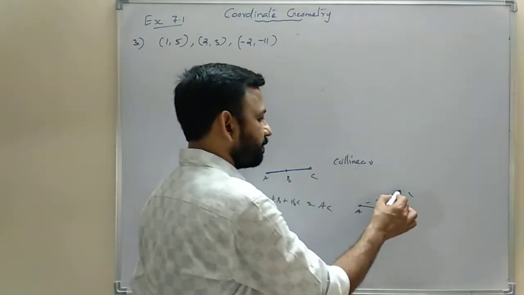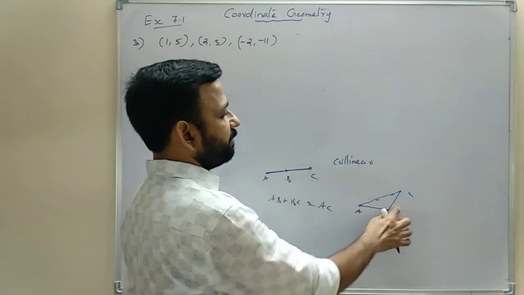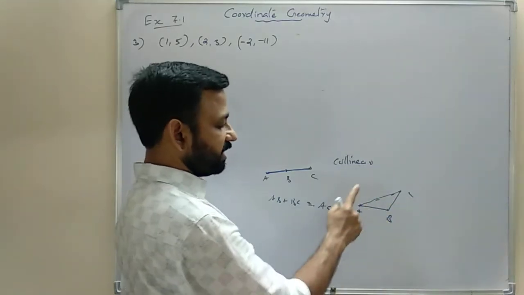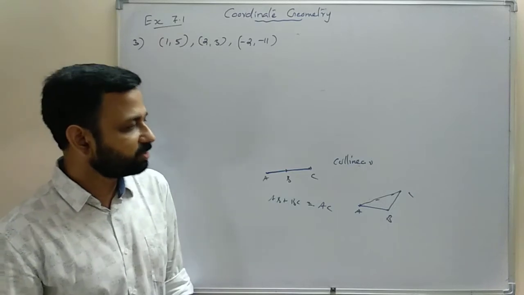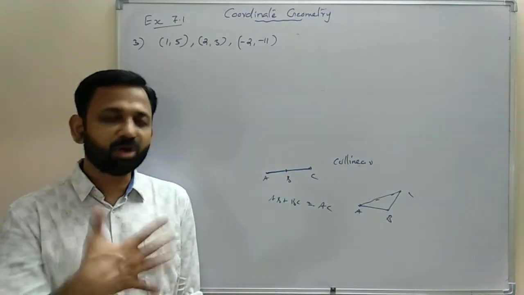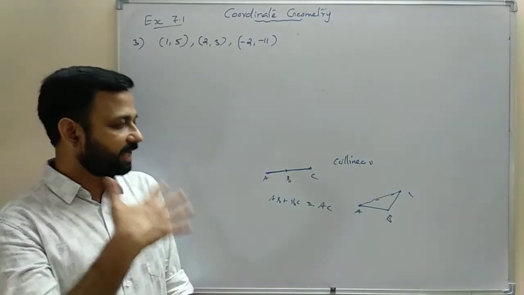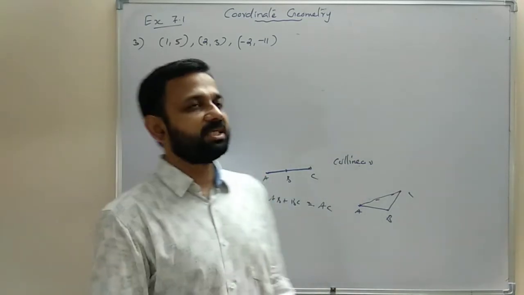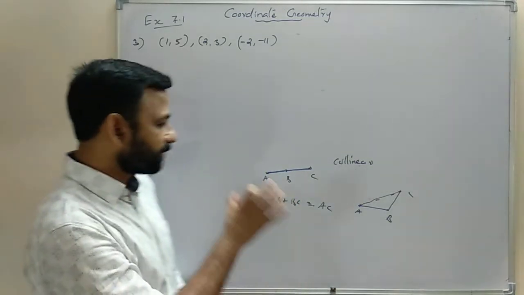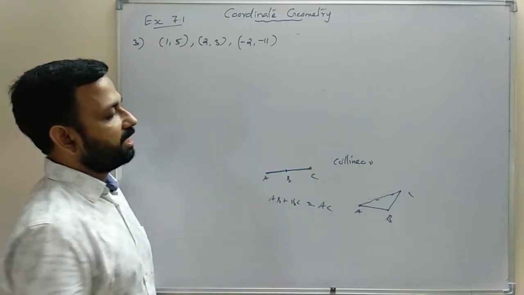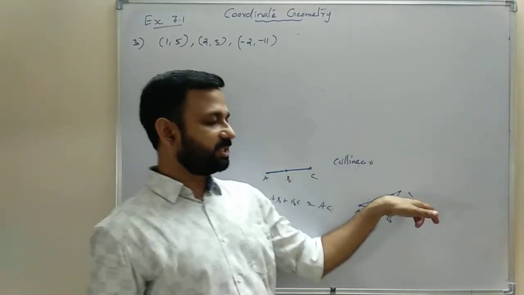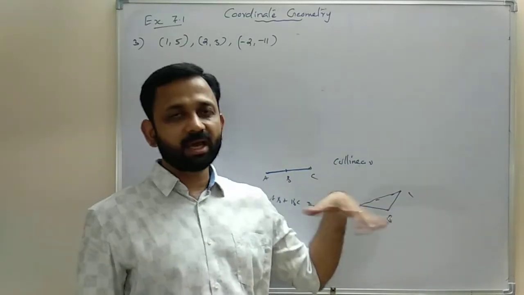So to check whether they are collinear or non-collinear, we find AB, BC and AC. If the sum of any 2 equals the third one, then they are collinear. If the sum of any 2 is greater than the third one, they are non-collinear.